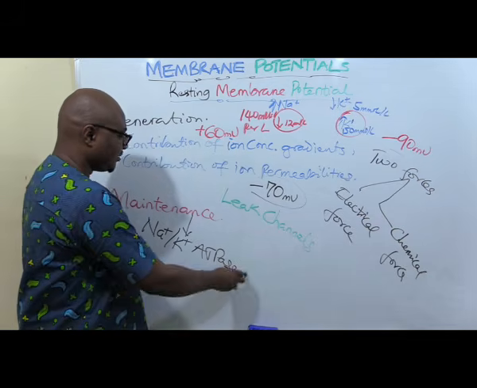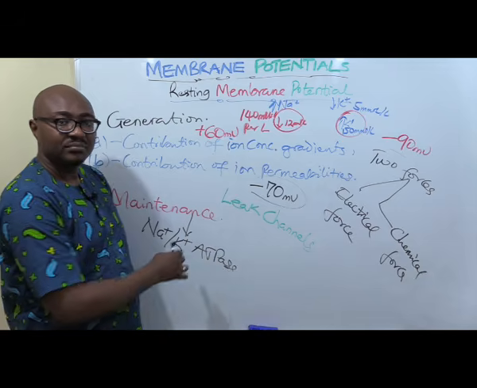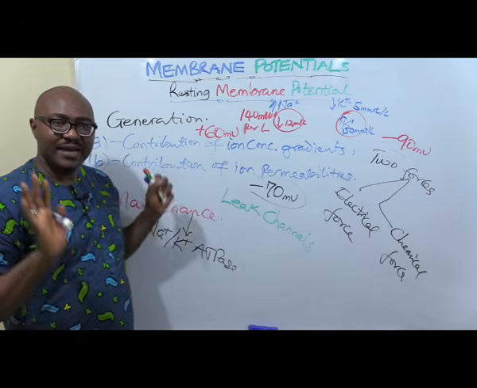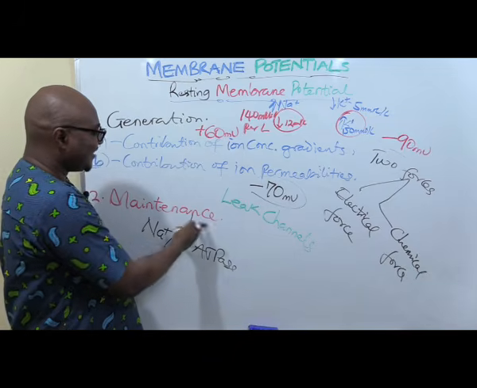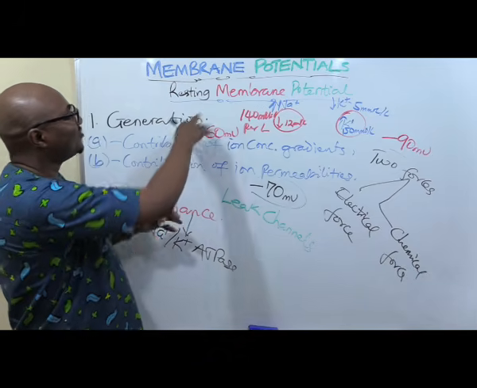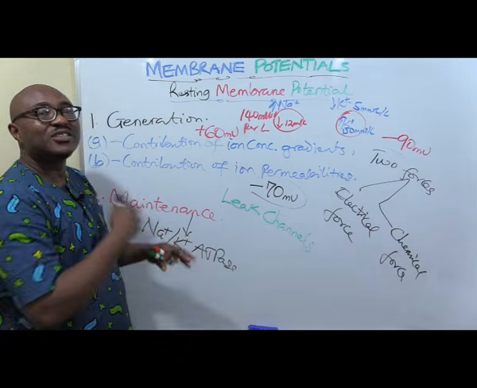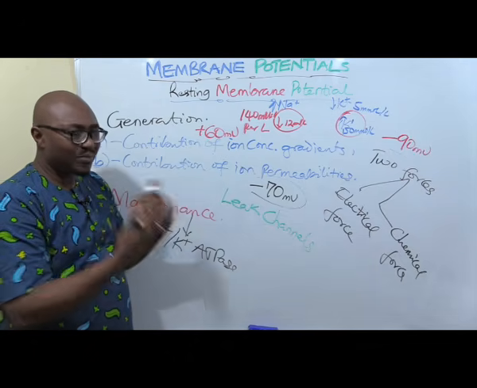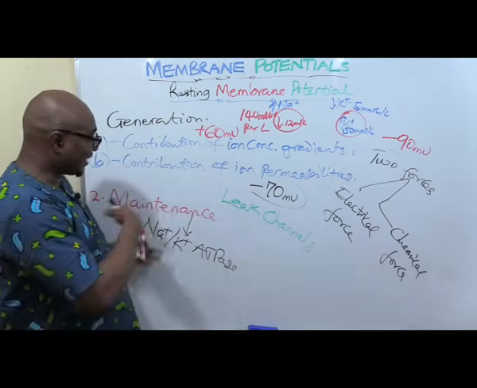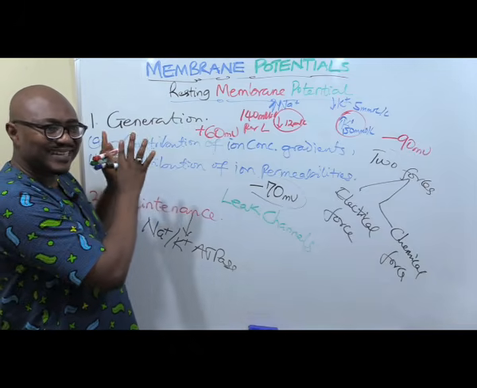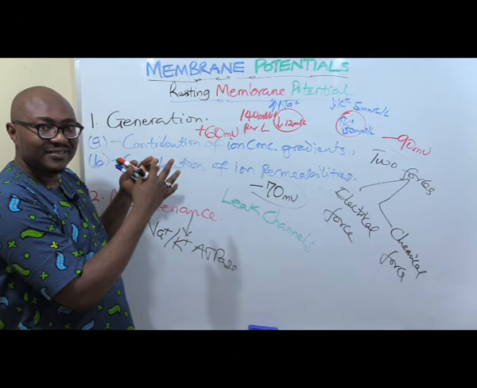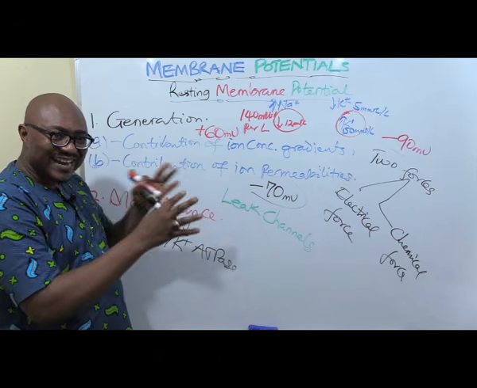This particular enzyme is present in every single cell, because apart from its contribution to development of membrane potential, it also contributes to the normal functioning of the cell. Usually that's to do with transportation across the cell membrane. We dealt with that in general physiology. All right, secondary active transport.